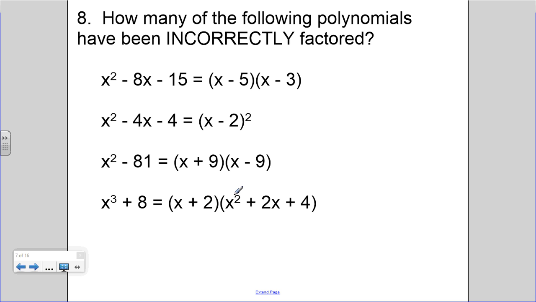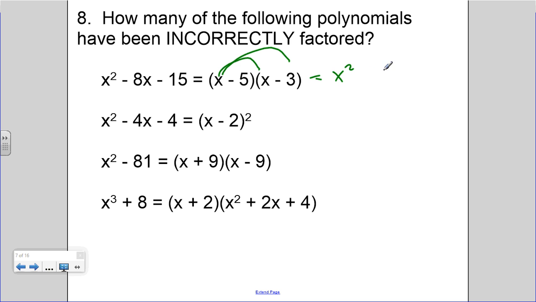Number 8, how many of the following polynomials have been incorrectly factored? So we can multiply these back to see if we get the one on the left. So to multiply, you can use FOIL. So x times x is x squared.